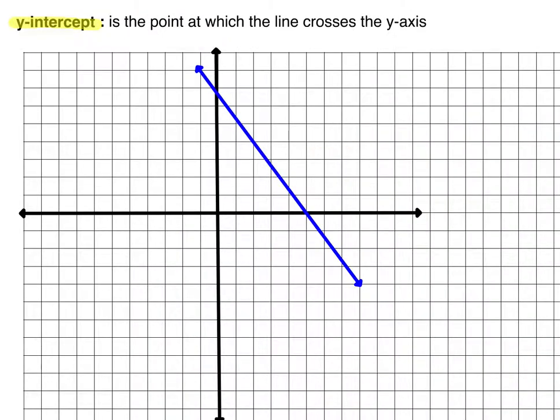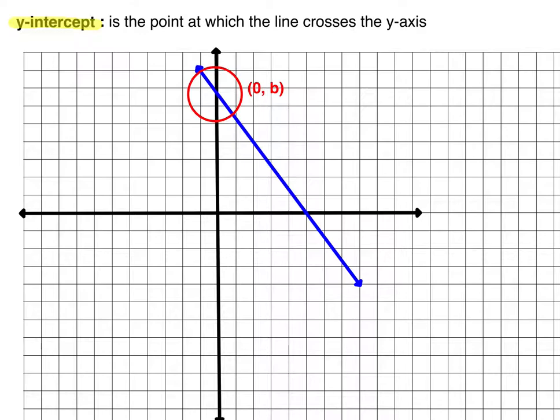Okay, let's talk about some of the characteristics of a line. Some vocabulary. A y-intercept is the place where the line crosses the y-axis. So the vertical axis is the y-axis, and the place that it crosses is a point. It's always a point 0, something. So 0 because the x value is 0 at the y-intercept, and then we don't know what the y value is.